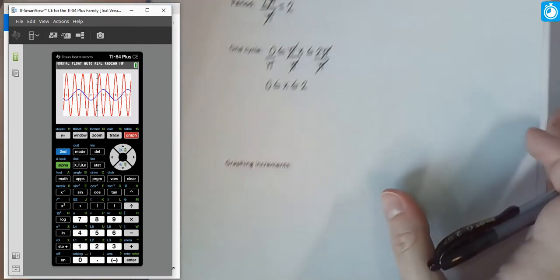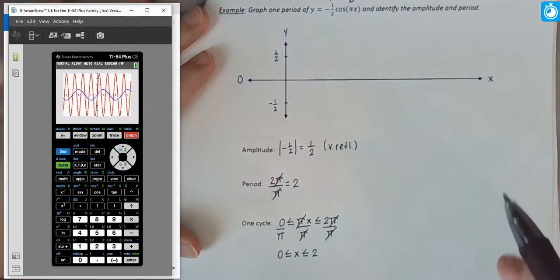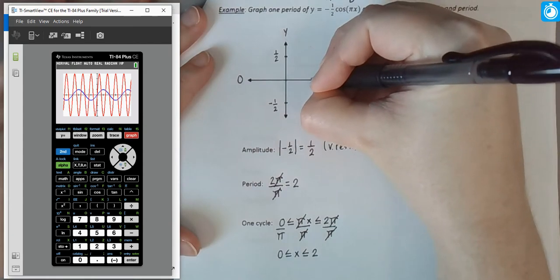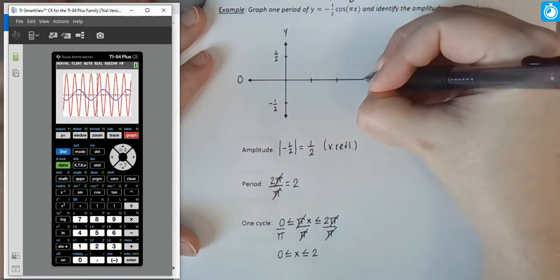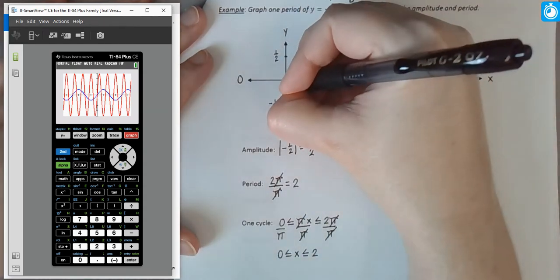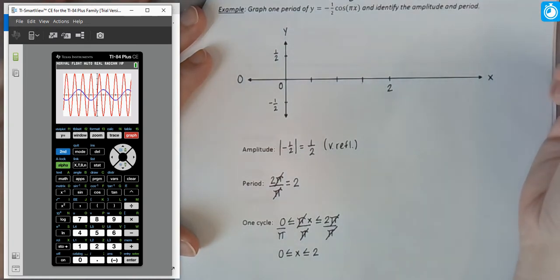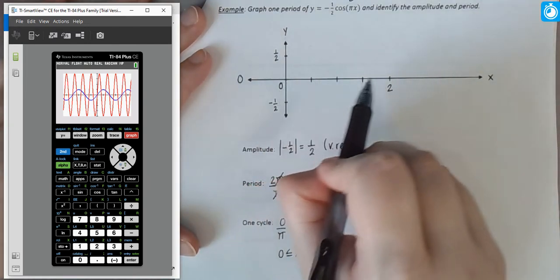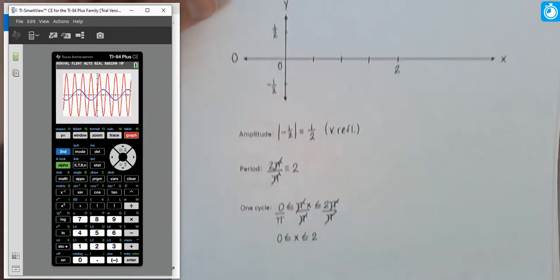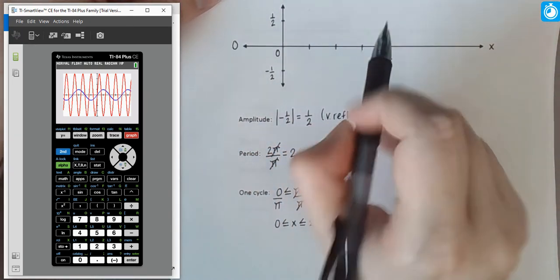So just like with sine, we have those specific intervals over which we graph, or specific increments. So 1, 2, 3, 4, and our cycle starts at 0 and it ends at 2. So the distance from where we start to where we end is going to be 2 units. And then we increase by equally sized increments in between.